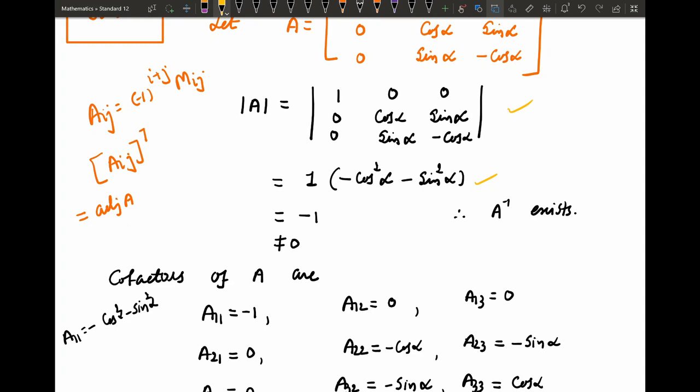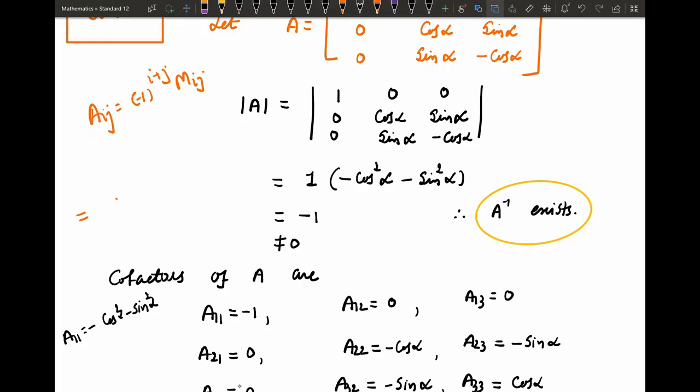You take minus common, so inside the bracket you will get cos square alpha plus sin square alpha, which is 1. So determinant A is minus 1, which is not equal to 0, and that's why inverse exists.